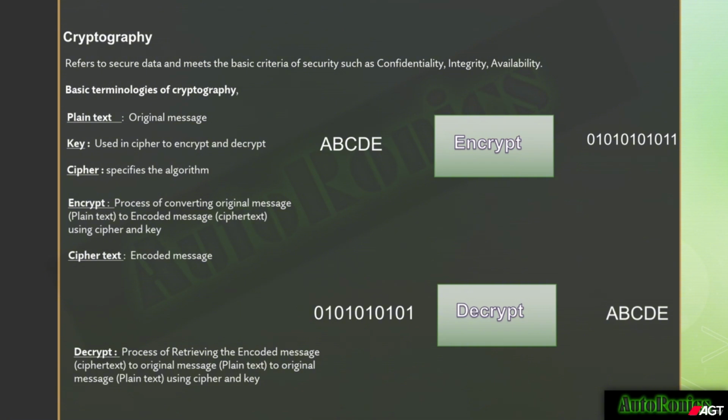So what is the meaning of decryption? Decryption is the process of retrieving the original message from the encoded message using the cipher and key. Let's see the algorithms in depth in the upcoming sessions.